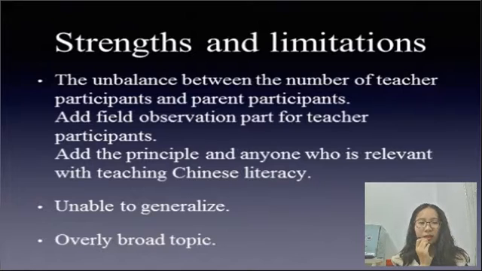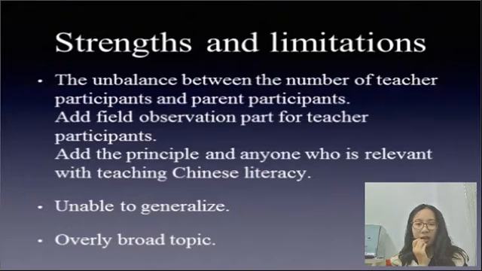However, we have 50 children in the classroom, so almost 100 parents. However, we have only two or three teacher participants. So I add a field observation part, and I add the principal, and anyone who is relevant for teaching Chinese literacy, including the Mandarin teachers and the internship student teacher.